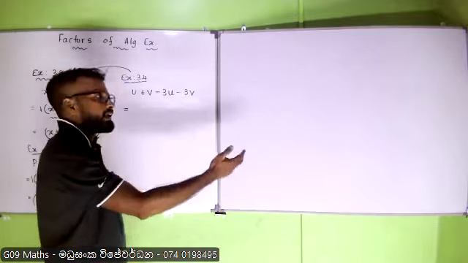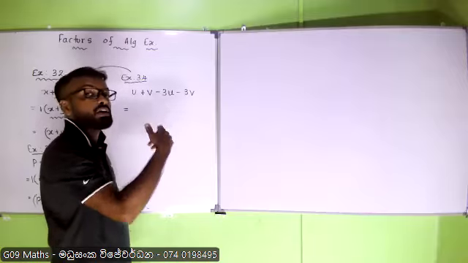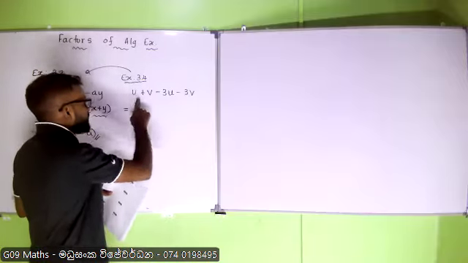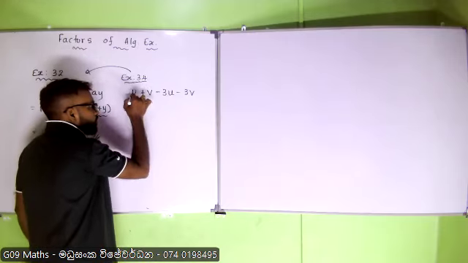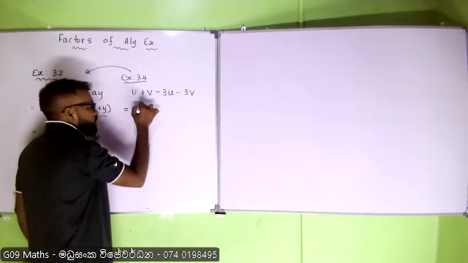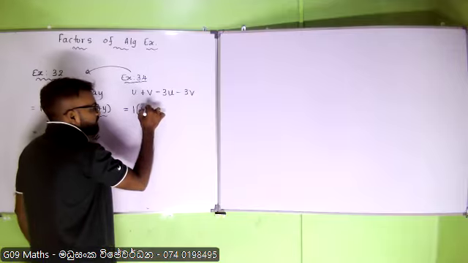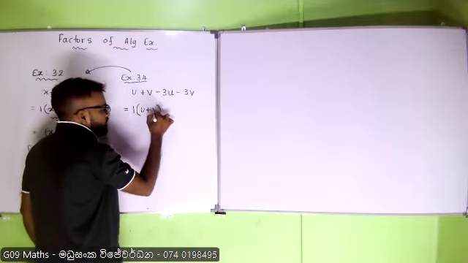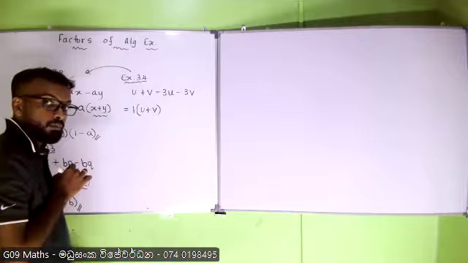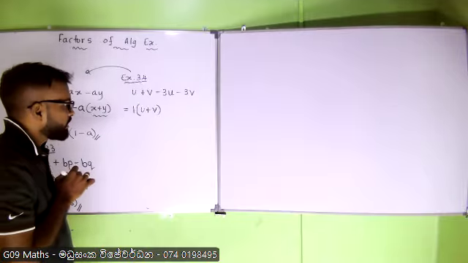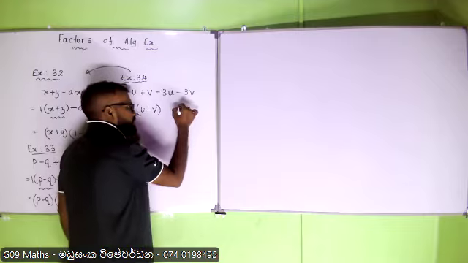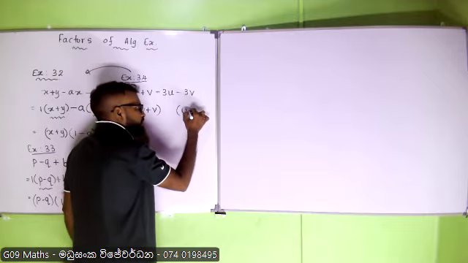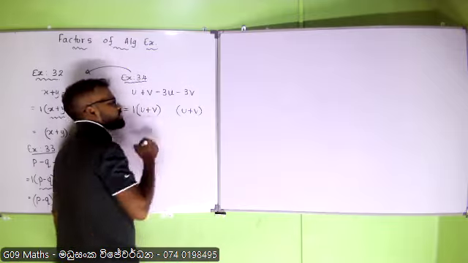How? Taking the negative sign out, you are going to do sign conversion. So here you have u plus v, here you have u plus v. So from both u and v, you are going to take the positive one out. So nothing will change. You can write u plus v as it is by using a bracket. Correct? Right. So you are going to make u plus v here as well.